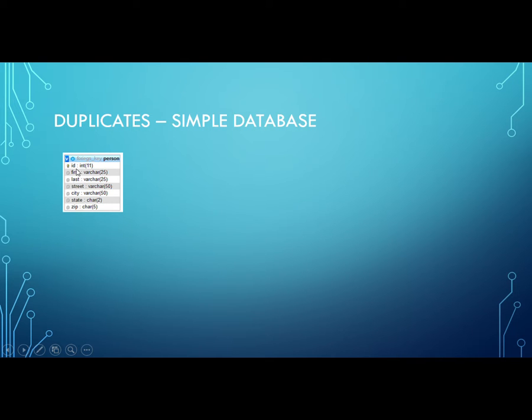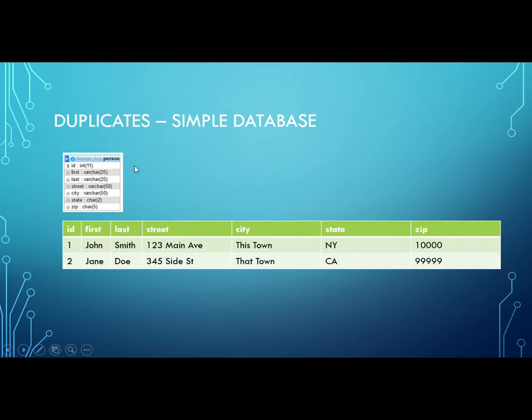So what we've done here in the simple database is we have the first name, last name, street, which would be 123 Main, the city, state, and zip. And then of course you have your auto-incrementing ID field here. So here's some sample data. Again, I just put in some data; I actually believe New York has the zip code 1000, but I have no idea about California.